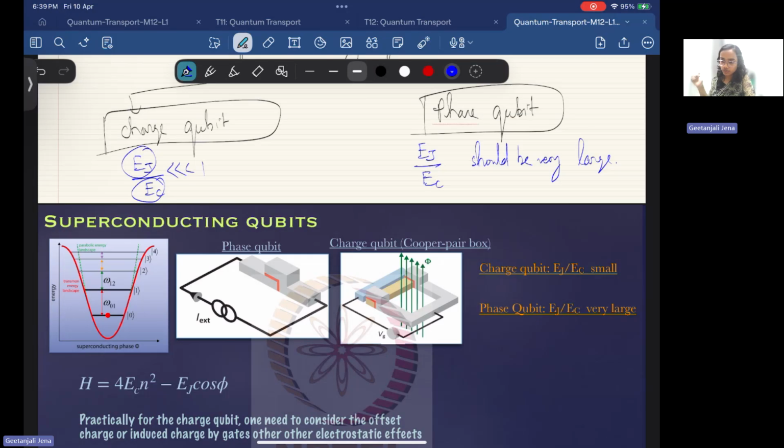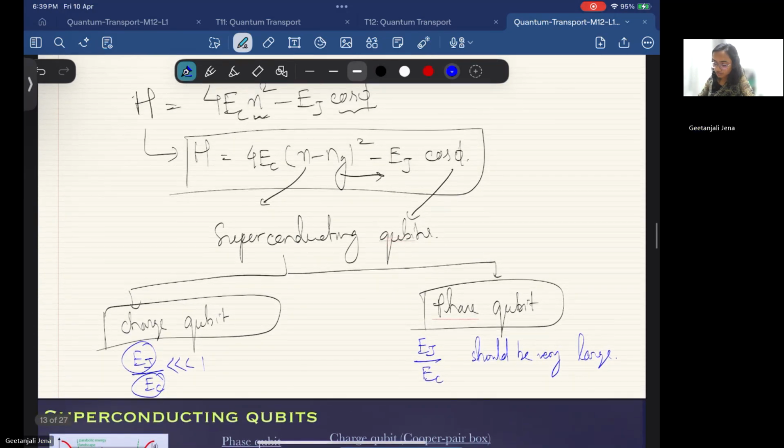But there is an issue with these superconducting qubits that we need to overcome. If you look at the Hamiltonian, it is a function of this offset charge, and the offset charge is mostly decided by the electrical fluctuation in the circuit because of the circuit elements. You can see that the Hamiltonian depends on the square of this offset charge.